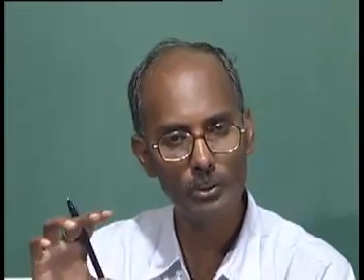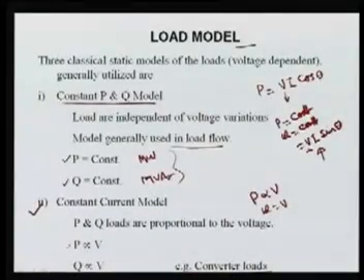For example, if you are using a converter in an HVDC system, then the current in this line is always constant and we keep on changing the voltage. If you want to feed varying power to a given load, the current can be constant and the voltage can be changed so that you can give variable power to that load. So here in this one, the P and Q, that is real and reactive.